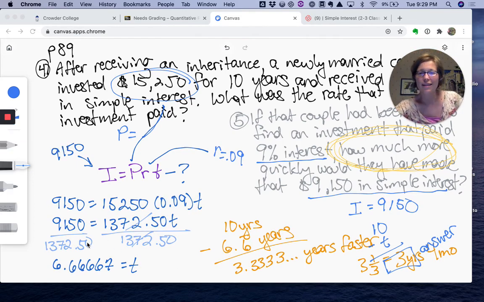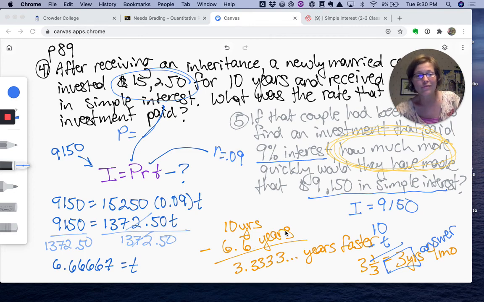So I went ahead and did all of my algebra, came up with T. That's 6 repeating. You could round that to a 7 at the end there, or you could change it to the fraction equivalent, 6 and 2/3 if you need that. So now that I've got my T, I'm remembering it's how much more quickly, so 10 minus 6.6 repeating, with the line over it to mean that it's repeating.